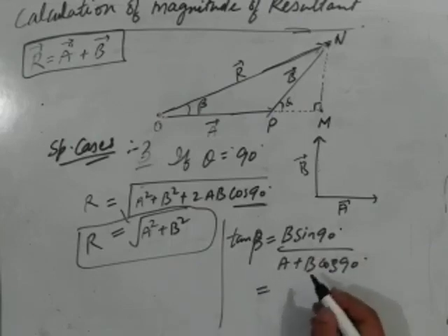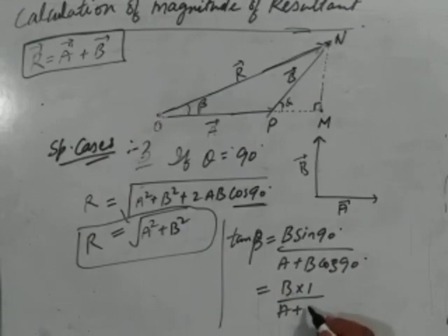Sin 90 equal to 1, that means B into 1 upon A plus B into 0, that is equivalent to tangent beta equal to B upon A. The direction of resultant is given by tangent beta equal to B upon A. So these are the general cases which we consider when we find out certain vectors inclined with each other.